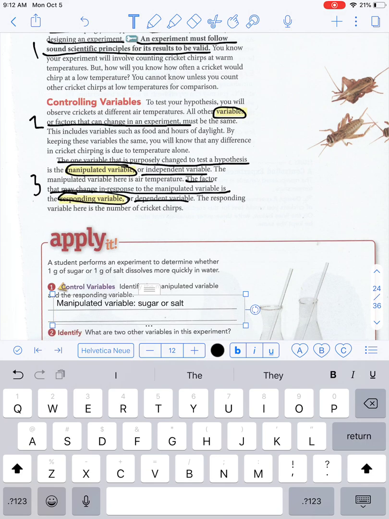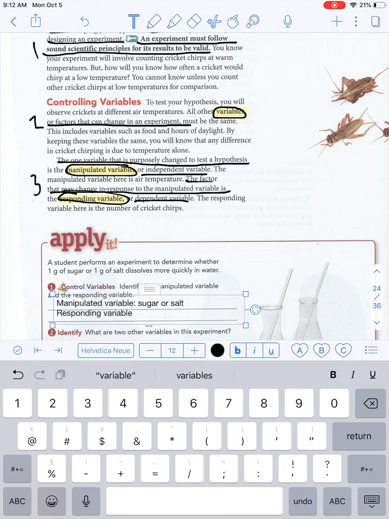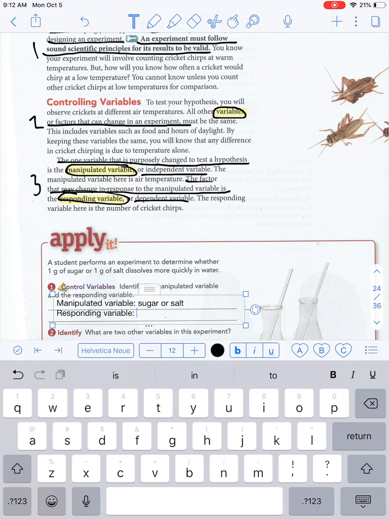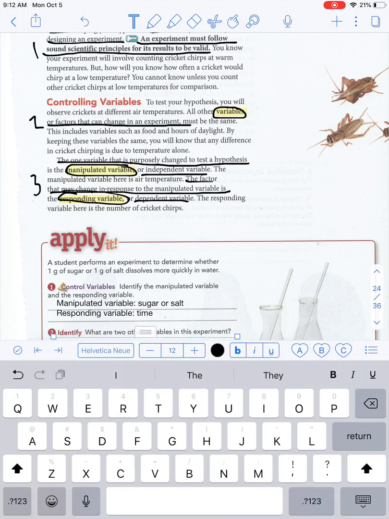And then what would be the responding variable? This is the one that changes or is dependent on the manipulated one. So a responding variable this time is going to be time, how much time it takes the sugar or the salt to dissolve. What are two other variables in this experiment?